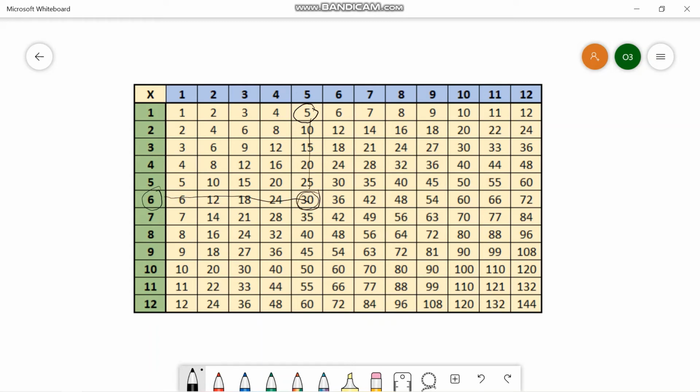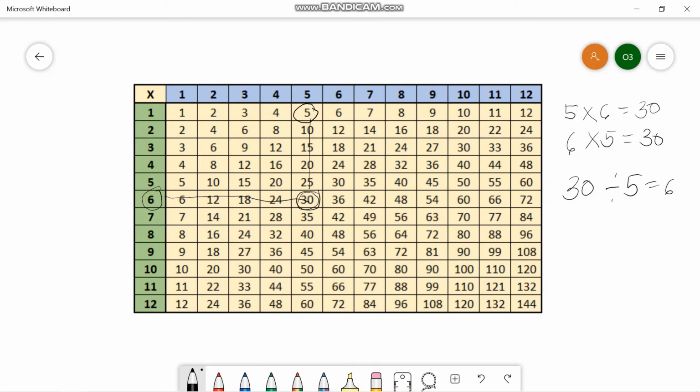So we have 5. We can write here 5 times 6. Let's start with the multiplication sentences. 5 times 6 equals 30. And 6 times 5 equals 30. Now let's write the division sentences. Let's just inverse, okay? Let's get first the bigger number, 30 divided by 5 equals 6.